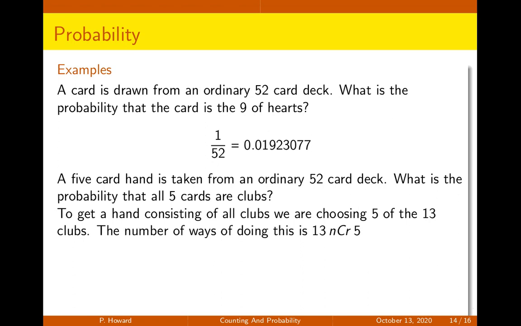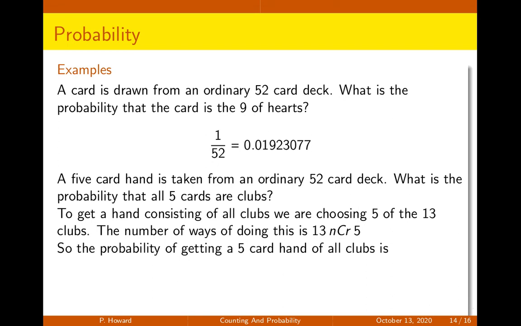So the number of ways of doing this is the number of combinations of 13 things taken 5 at a time. So the probability of getting a 5-card hand of all clubs is the number of 5-card hands consisting of all clubs divided by the total number of 5-card hands. I did this calculation all at once, 0.000495198. I'm doing all these calculations on Desmos.